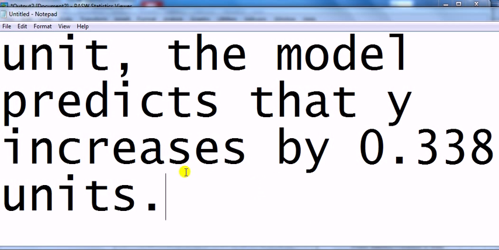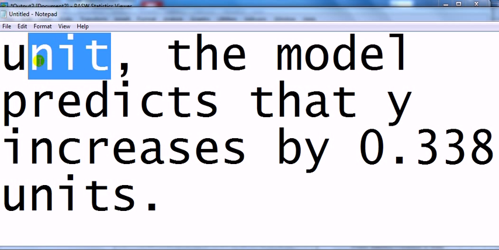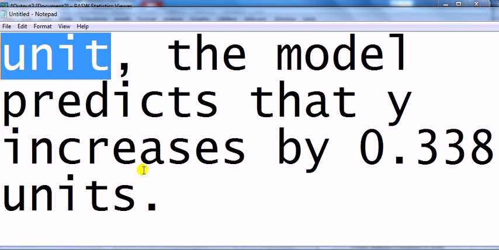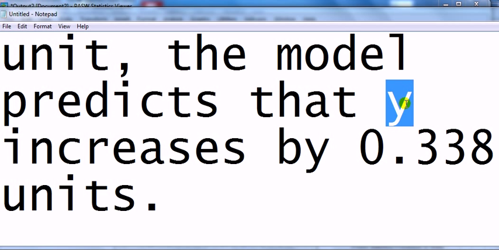Here we replace the word units by whatever the measurements of x and y are. So if we're using sales, x is measured in £1,000, and we would say if x increases by £1,000, the model predicts y, say sales, also measured in £1,000, increases by £338 per period that we're interested in.